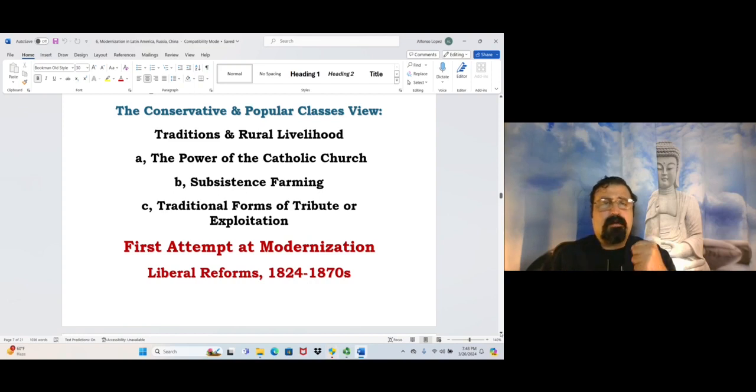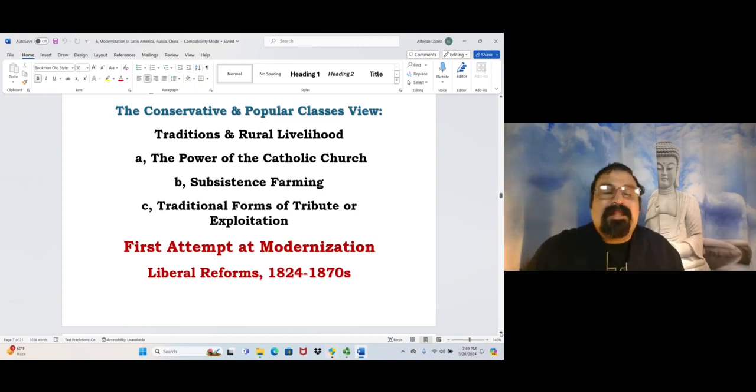So whether we're talking about large landowners or the popular classes, both together prefer a more gradual modernization project, if you will, that will, on one hand, preserve the power of the Catholic Church. Conservatives do not want to see the power of the church diminished, because they see the Catholic Church playing a key role as a social control mechanism.